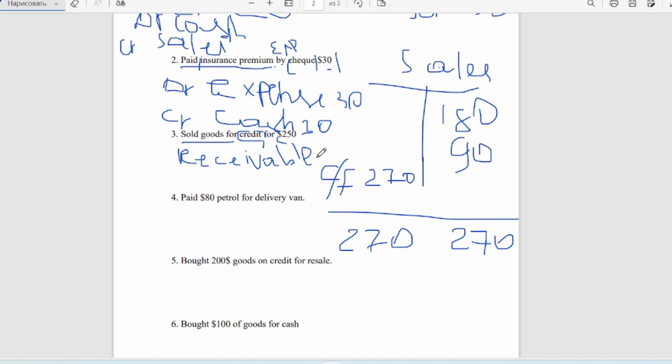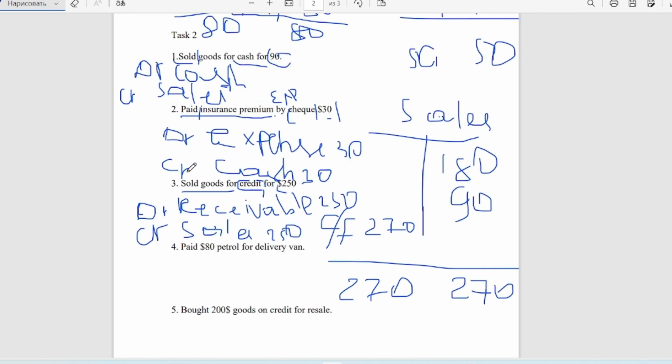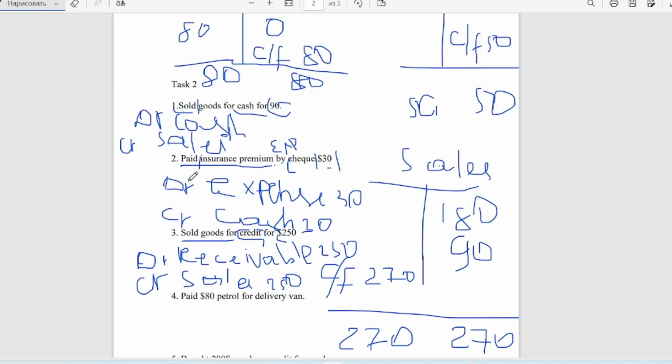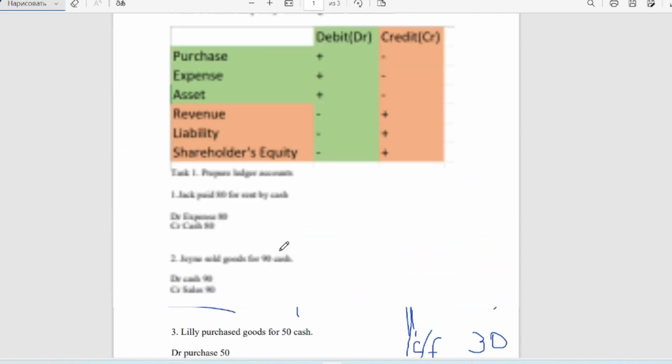So receivable 250 and sales 250. Receivable is part of our asset.